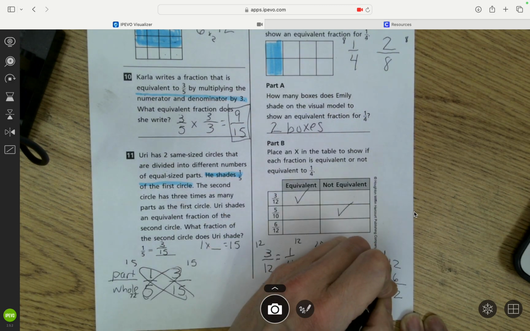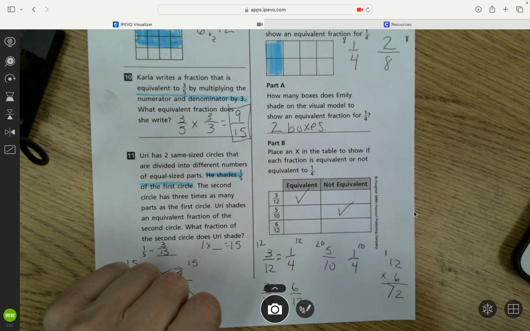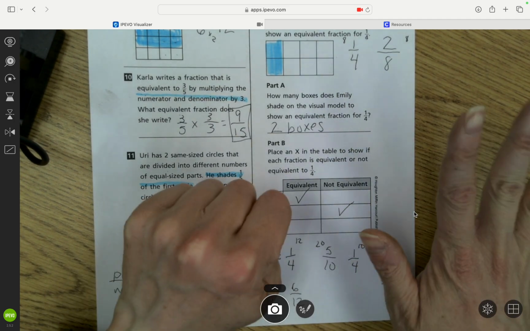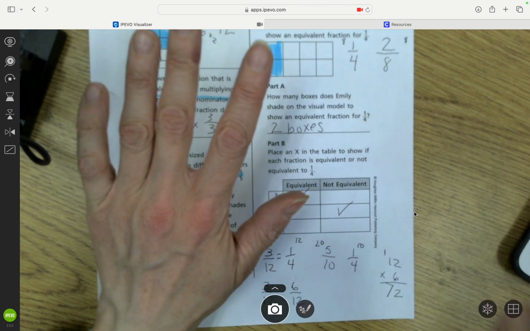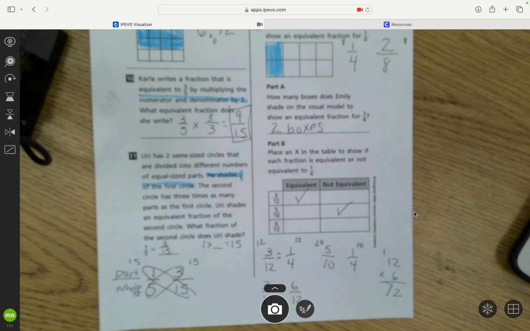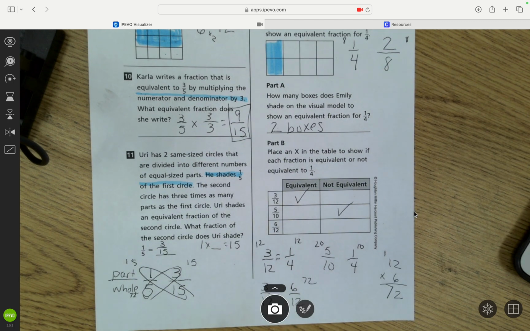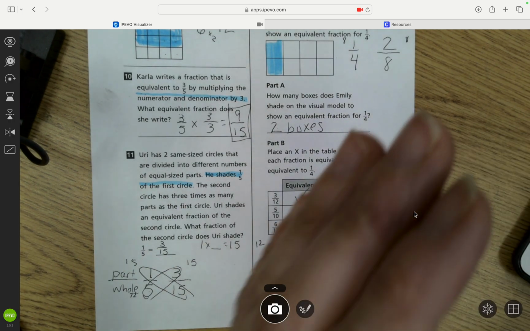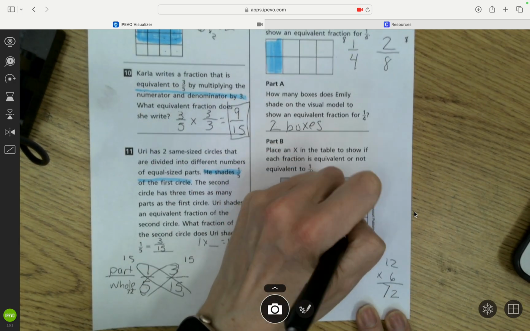But let's check and see if we are correct. 6, 12, 18, 24, 30, 36, 42, 48, 54, 60, 66, 72. That's 12 times 6. And is 12 times 3 going to be larger than 12 times 6 or equal? No, but let's just show you. 3, 6, 9, 12, 15, 18, 21, 24, 27, 30, 33, 36. Those are not equal, not equivalent.